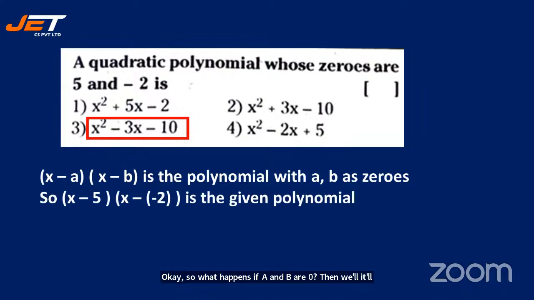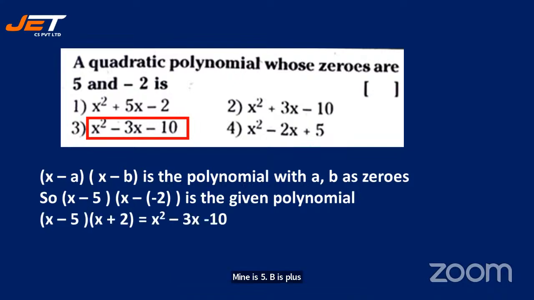So when they say a quadratic polynomial whose zeros are 5 and minus 2, it means x minus 5 and x plus 2. Just multiply it to get the equation x square minus 3x minus 10. This is how you are supposed to work it out and give the correct answers.